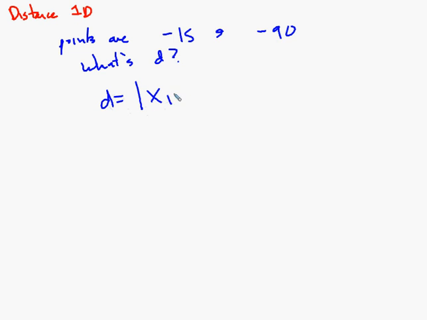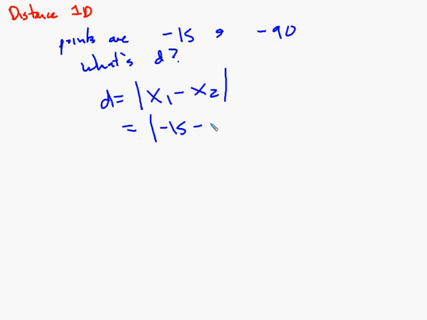Let's say my points are negative 15 and negative 90. Okay, what's the distance? Well, distance, we'll use the absolute value one, is x1 minus x2 in absolute value.